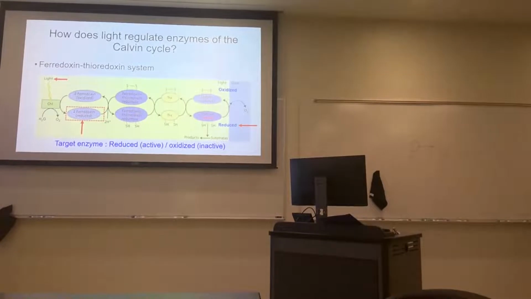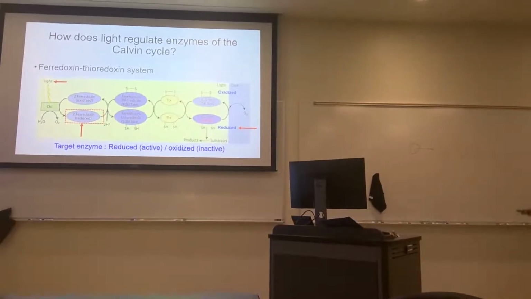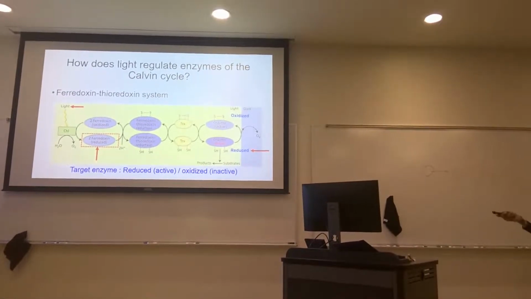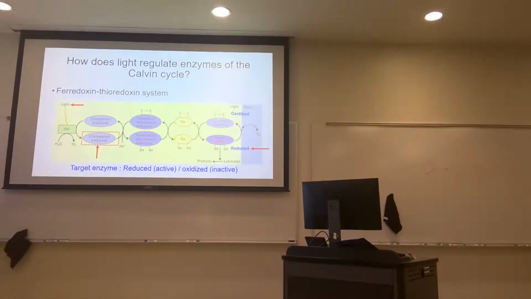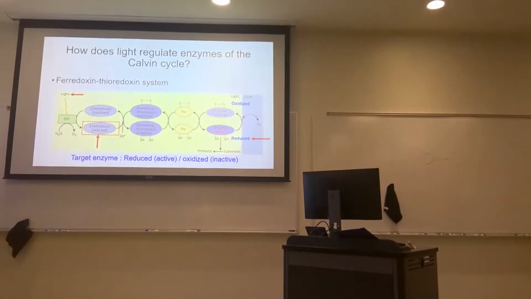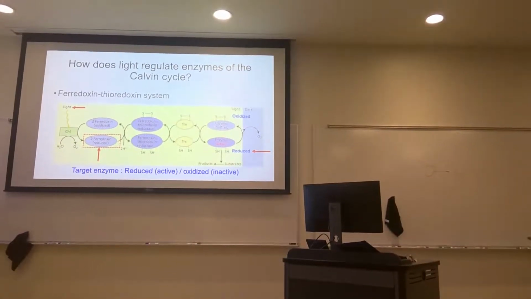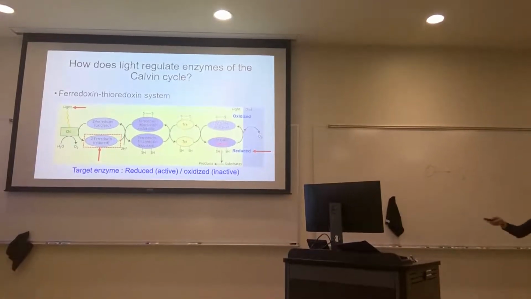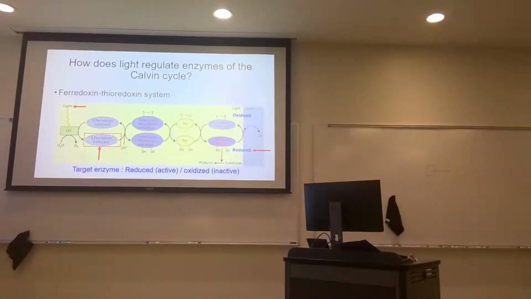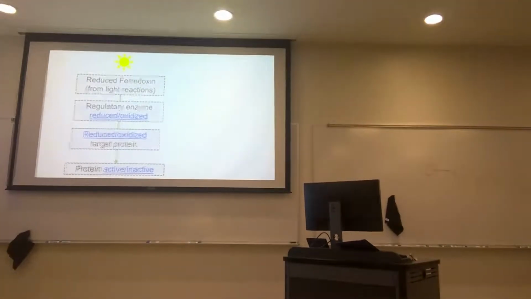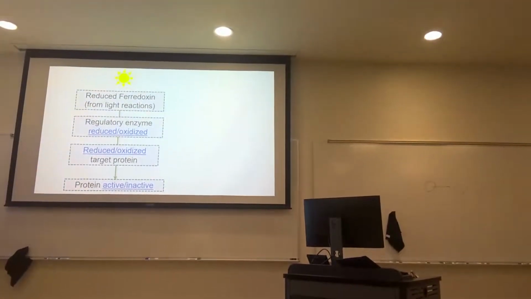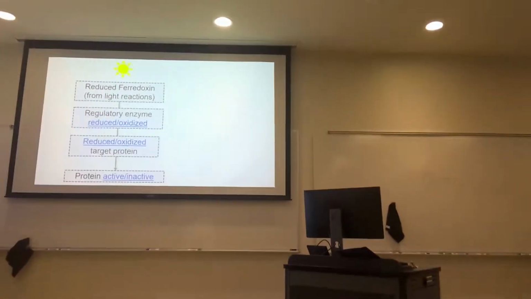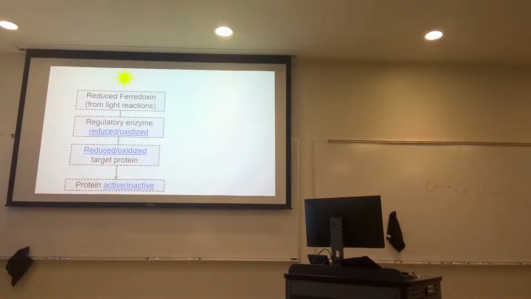So this is a complex drawing to show you that only when light is present you're going to have thioredoxin in a reduced state. Not all, but many of the Calvin cycle enzymes are only active when certain parts of them are reduced. So reduced thioredoxin reduces the regulatory enzymes, which reduces the target protein, which activates the target.